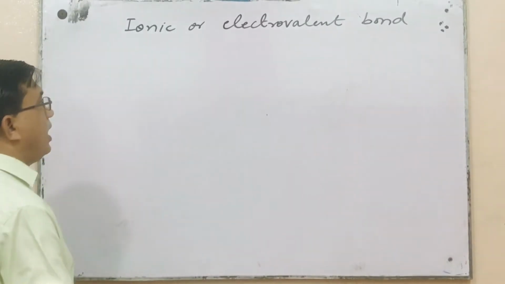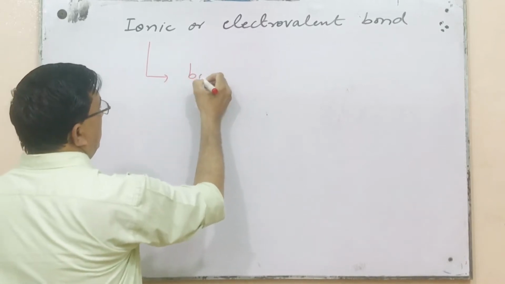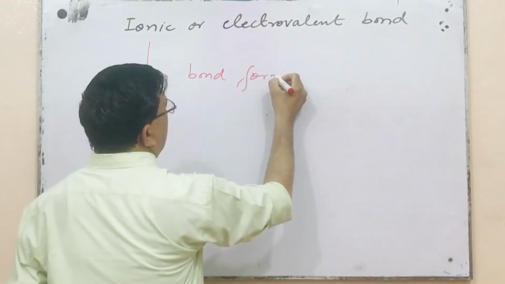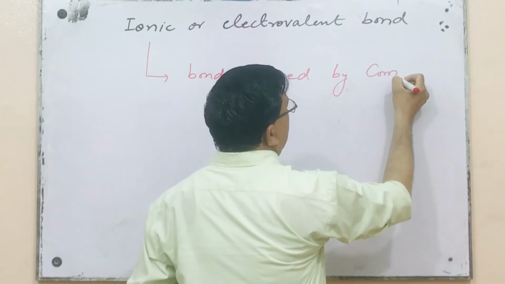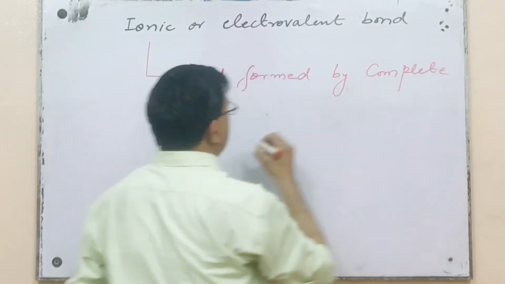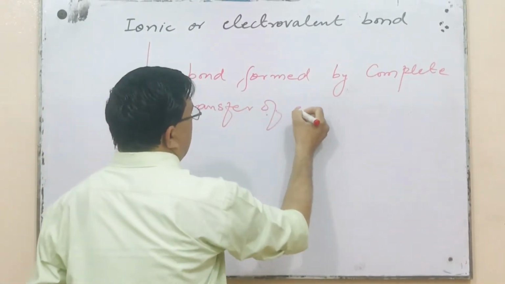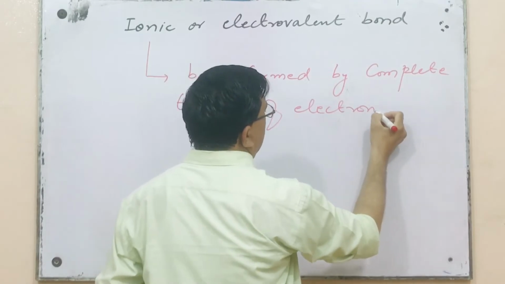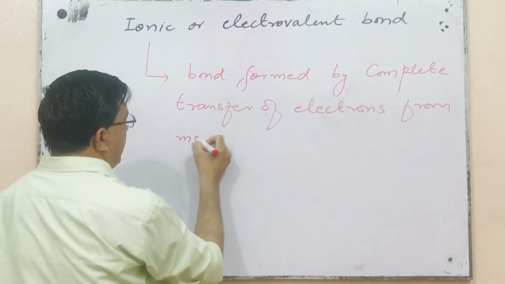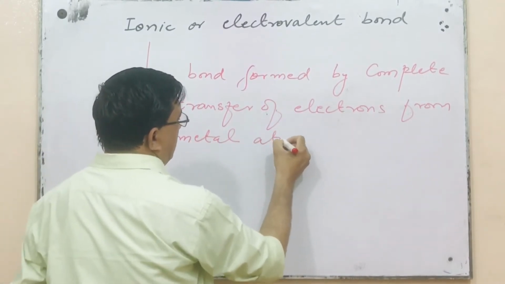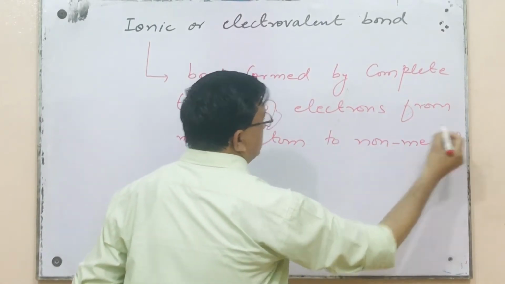The definition of ionic or electrovalent bond is: bond formed by the complete transfer of electrons from metal atom to non-metal atoms.